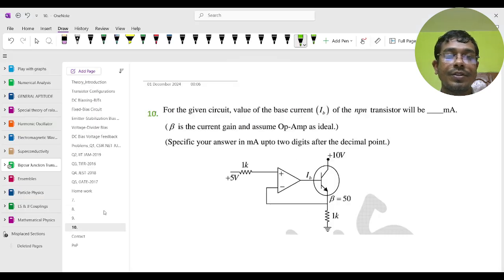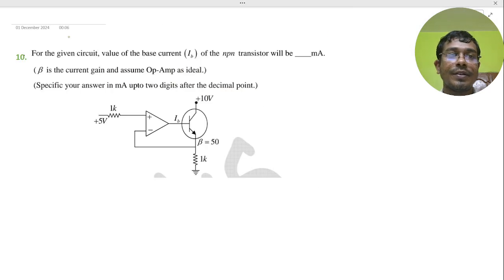Last but not least, this is also a transistor combined with an op-amp, and we have to find the base current. This is a tricky question, I think it could come in IIT JAM. So basically, pause the video and take screenshots of the 5 questions for your homework.